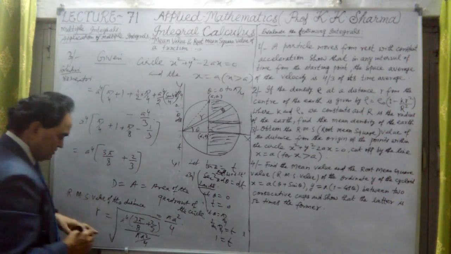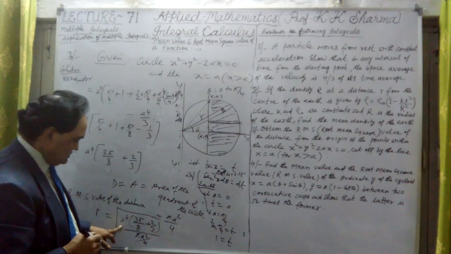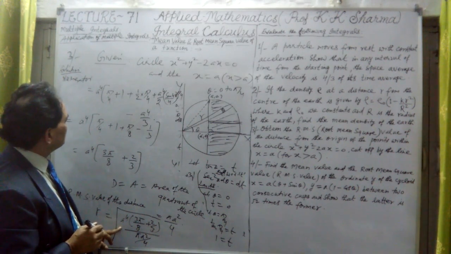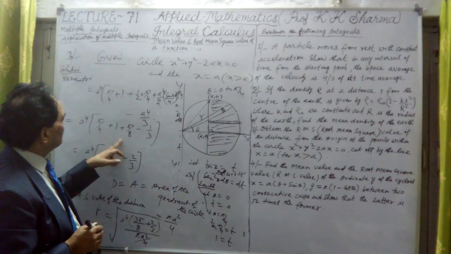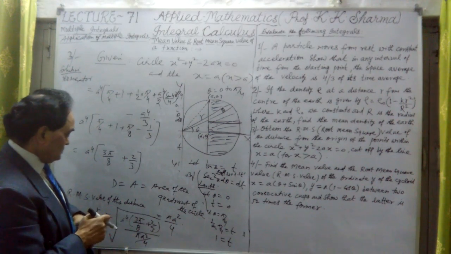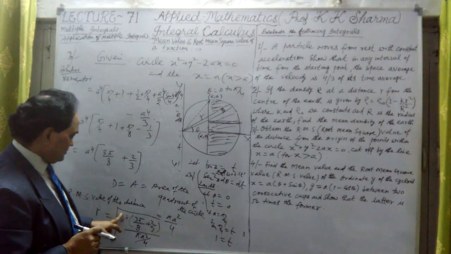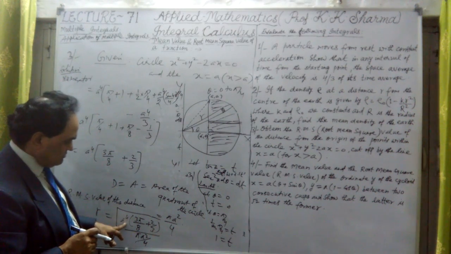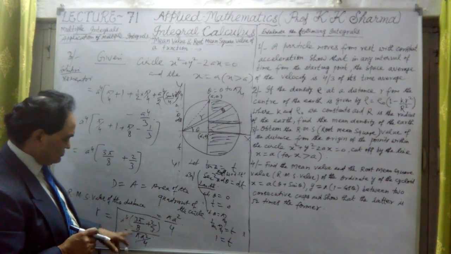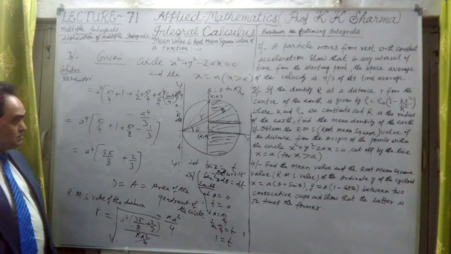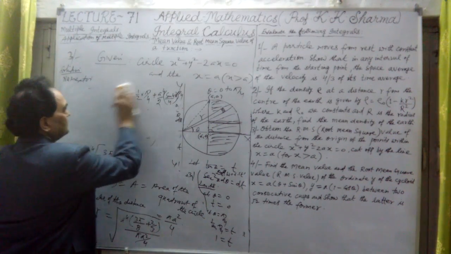So this pi a square upon 4, and this is this value. These two are summarized here. So this 4 will come in the numerator, and a square will be left, and the 4 will come here. Let me write 4 inside. If I take 4 inside and pi divided by pi, let me solve here.